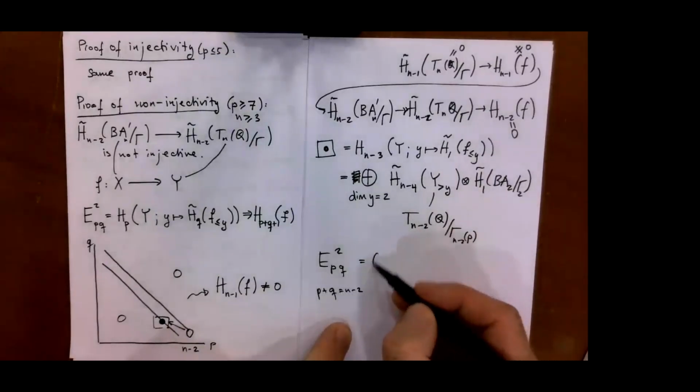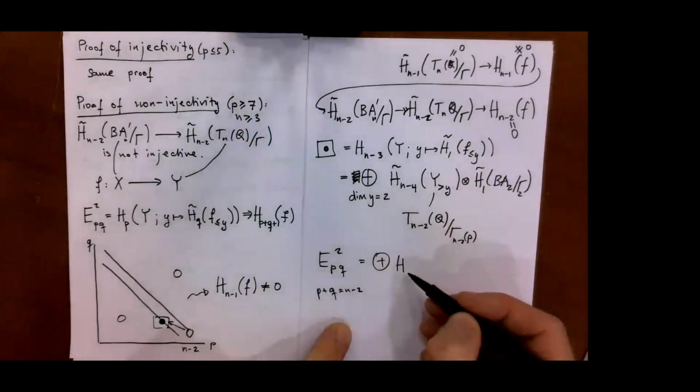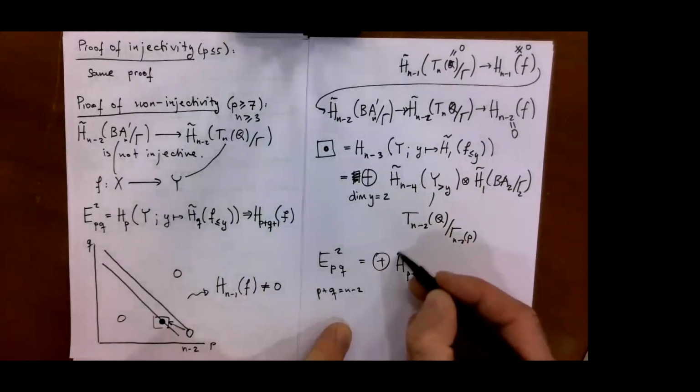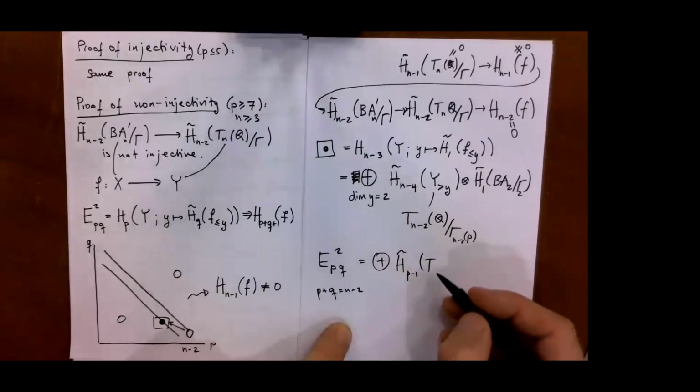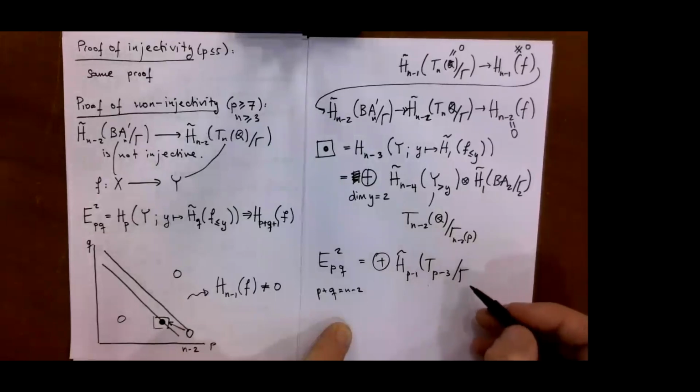So some direct sum of some homology P minus 1 of T, P minus 3 mod gamma P minus 3.